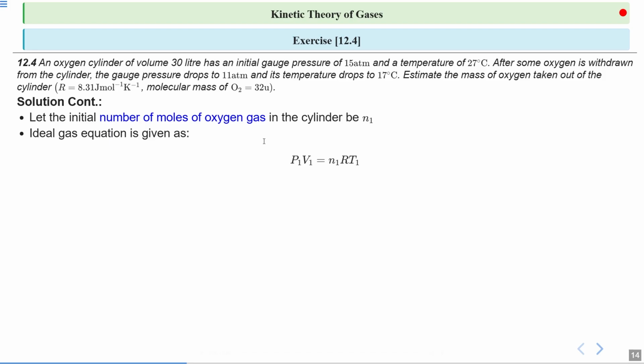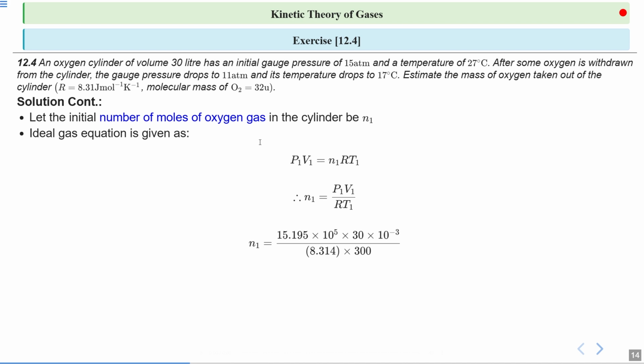Here P1 is the initial pressure, V1 is the volume, n1 is the number of moles, R is the universal gas constant, and T1 is the initial temperature. So rearranging the ideal gas equation, we find that n1 is equal to P1V1 divided by RT1. This formula allows us to calculate the initial number of moles by plugging in the known values for pressure, volume and temperature.